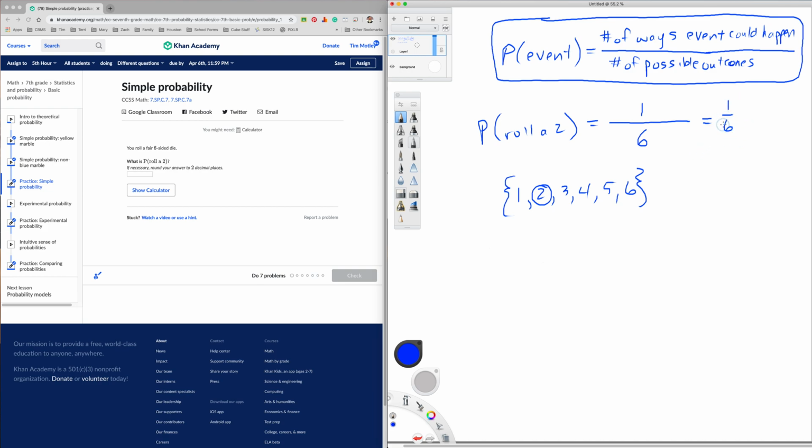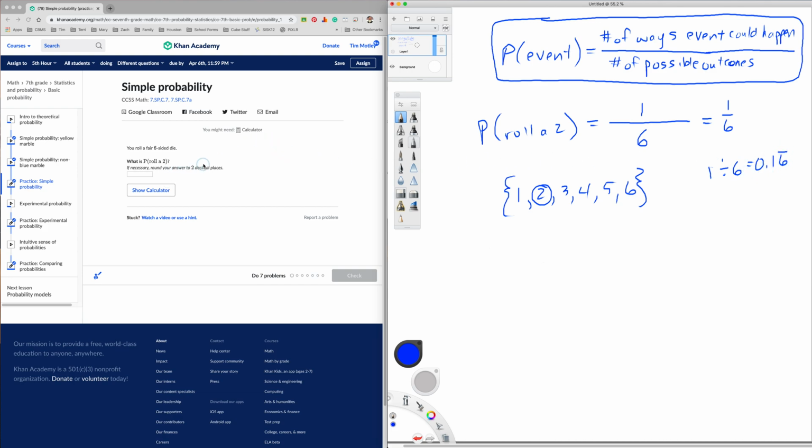Now I could leave it as 1/6 if I wanted, but here it says in the problem, round your answer to 2 decimal places. So I'm going to go ahead and divide that. 1 divided by 6, I get 0.1 and then a repeating 6.